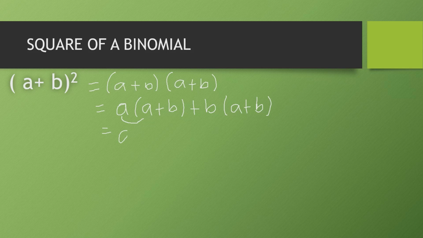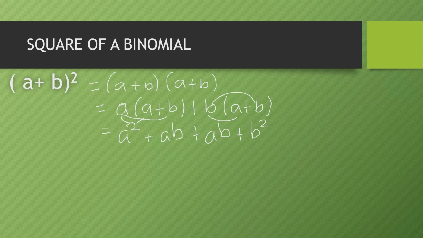A times A, we have A squared, plus A times B is AB, plus we have B times A, right? Natin standard, unahin natin is A, then B, plus B times B is B squared.